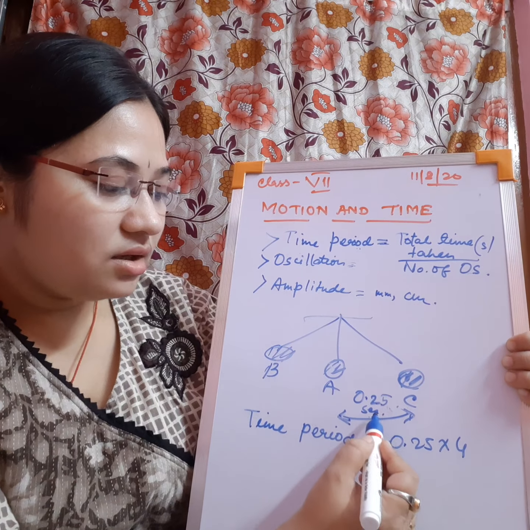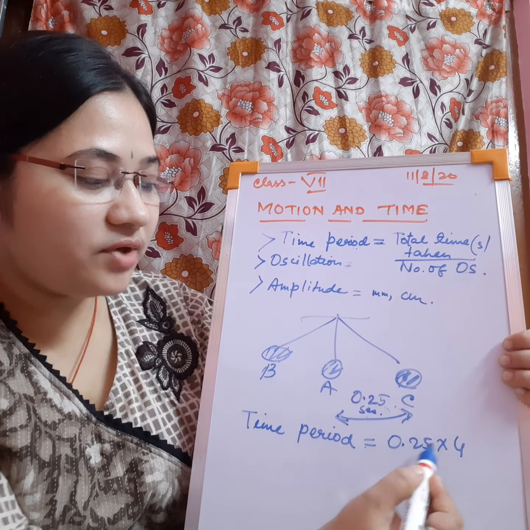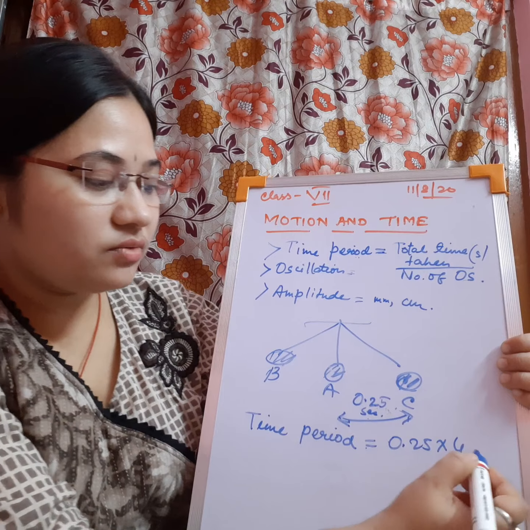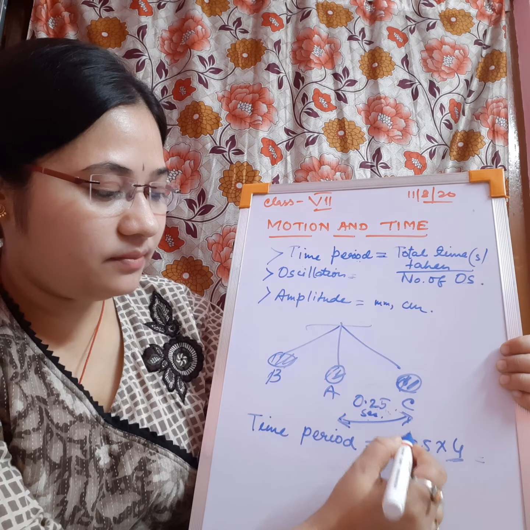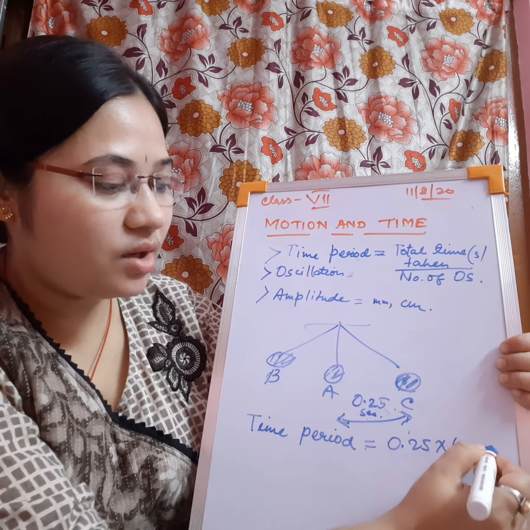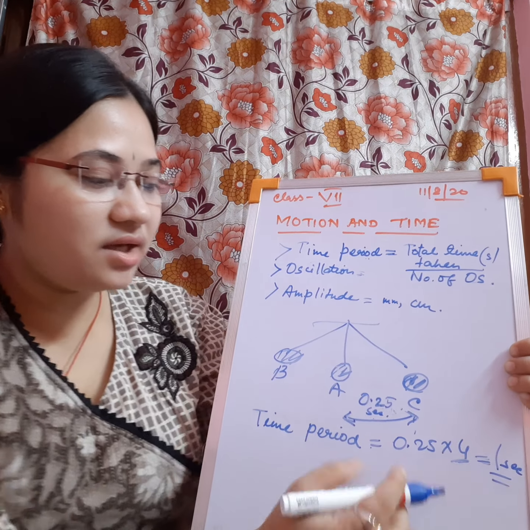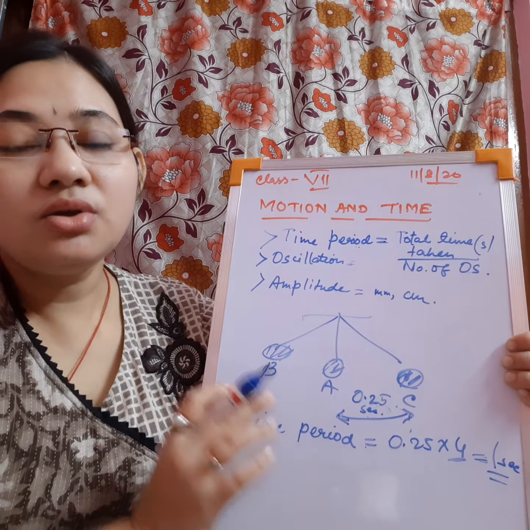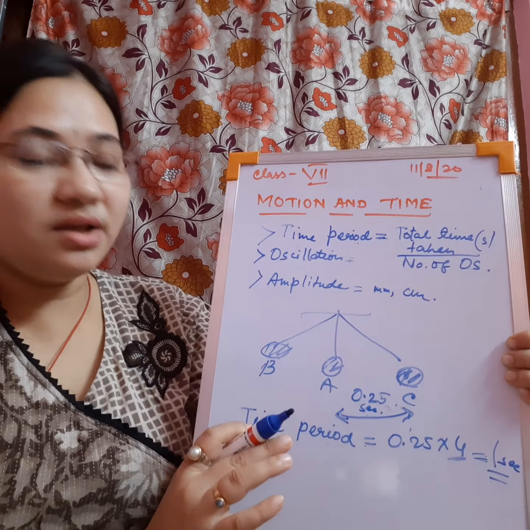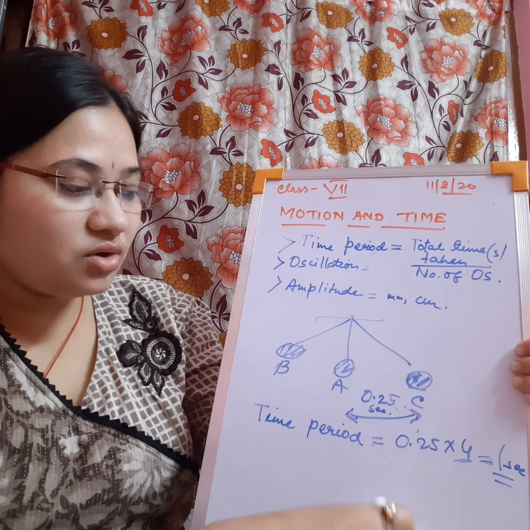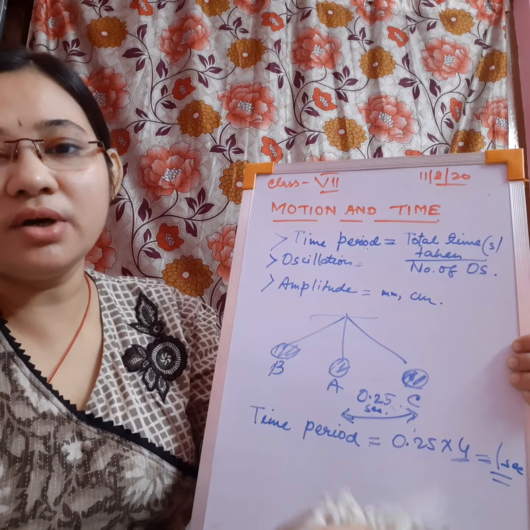We will simply multiply this quarter by 4 times, and we get 1 second. So 1 second is the time taken to complete one full oscillation. It is very simple: 0.25 into 4 is equal to 1 second.